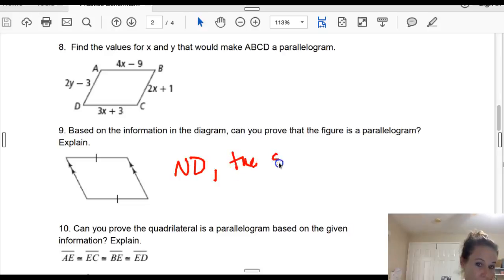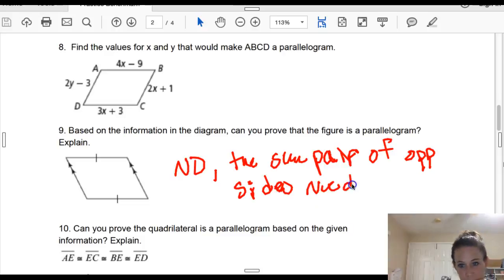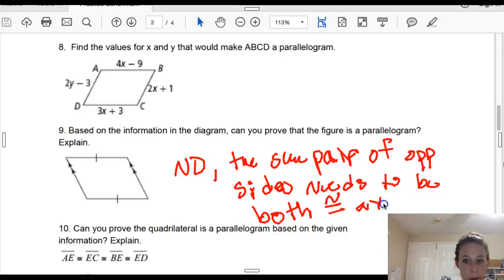The same pair of opposite sides needs to be both congruent and parallel.